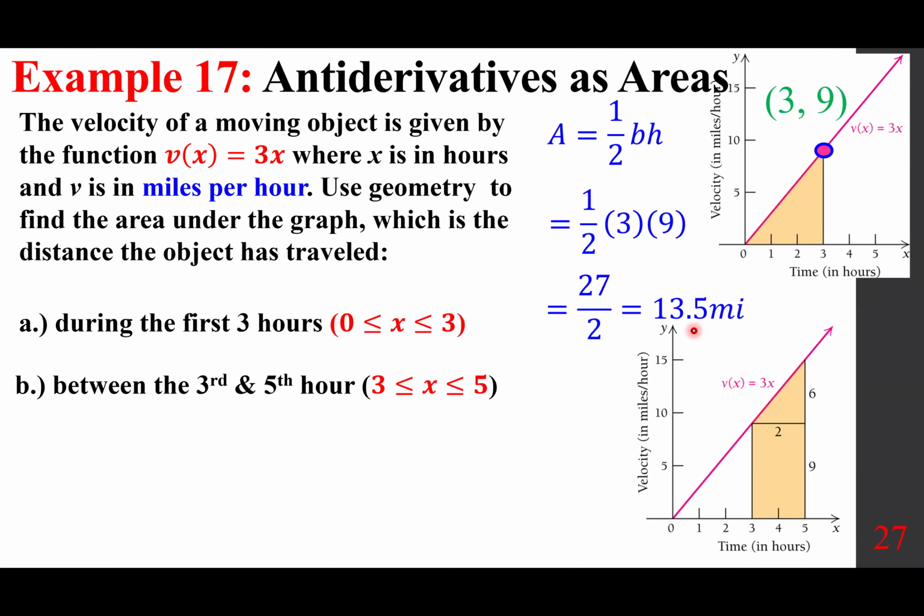Or this is a trapezoid, and the area is 1/2 the height times base 1 plus base 2. And if you treat this as a trapezoid, the height is this much, 5 minus 3, or 2.